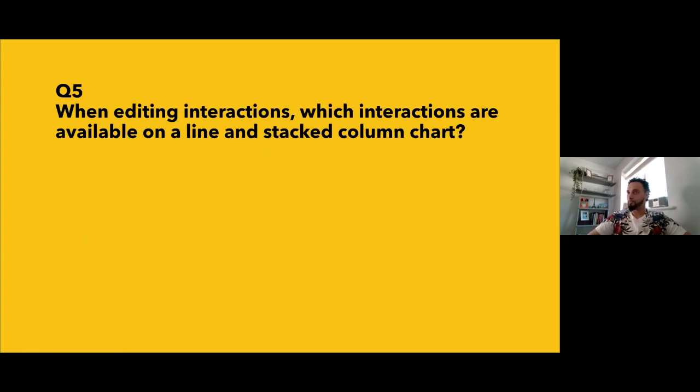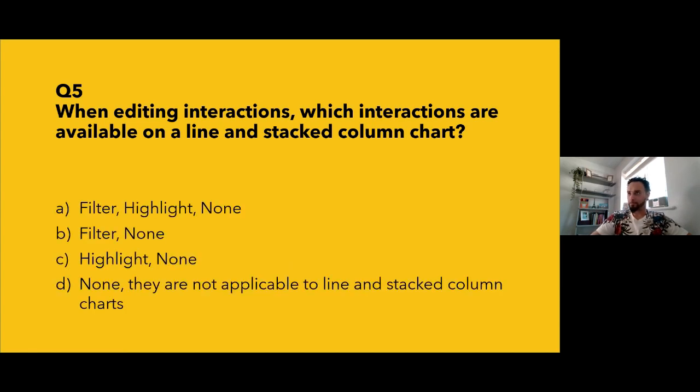Question 5. When editing interactions, which interactions are available on a line and stacked column chart? A, filter, highlight, and none. B, filter and none. C, highlight and none. Or D, none, they are not applicable to line and stacked column charts.